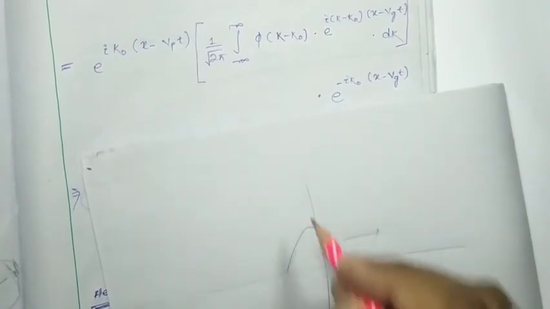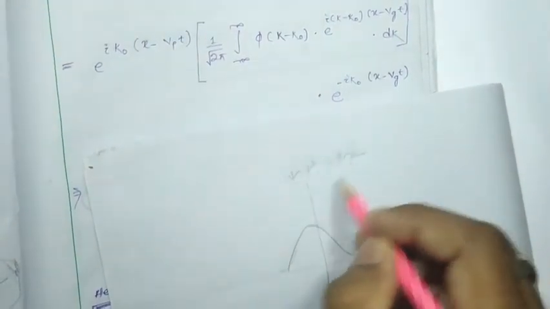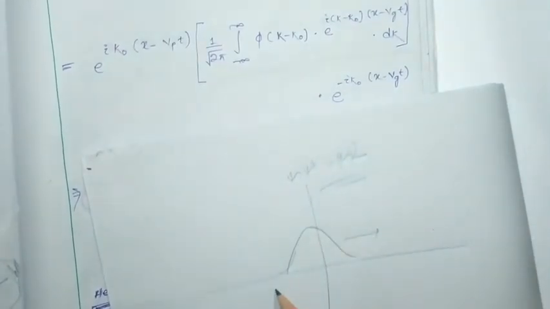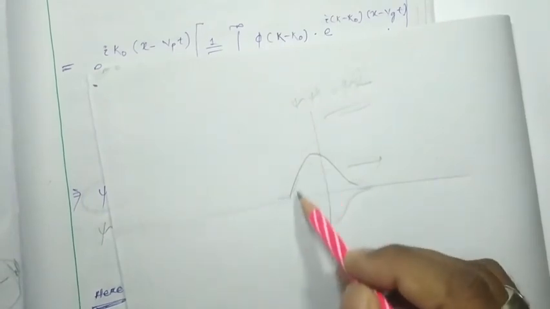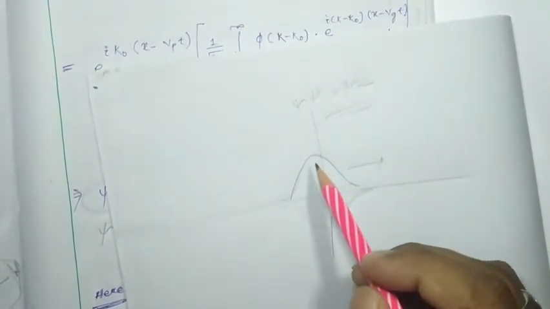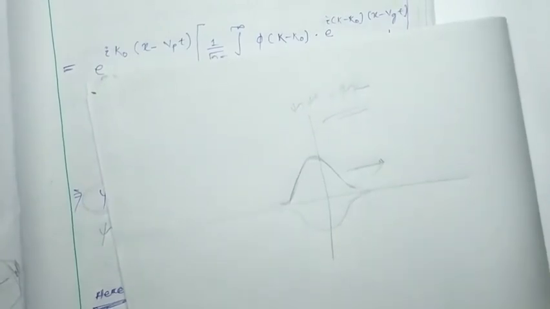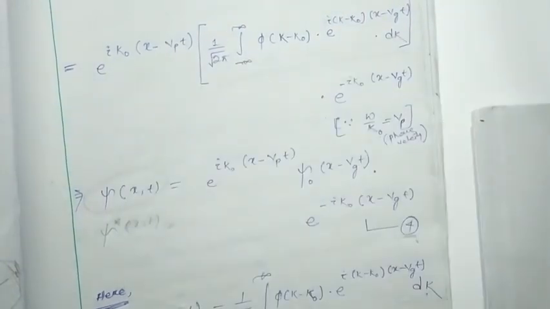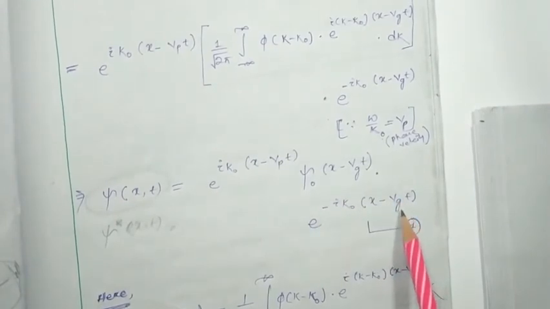Or if we consider psi into psi star, or mod psi squared, then it looks like this, a wave packet. So a wave packet is moving, or if we consider only the real part of psi, it is moving along the x-axis, and its peak is moving with vg, the so-called group velocity.